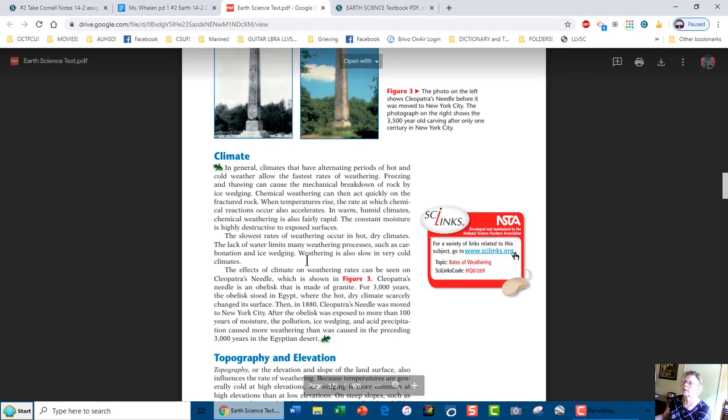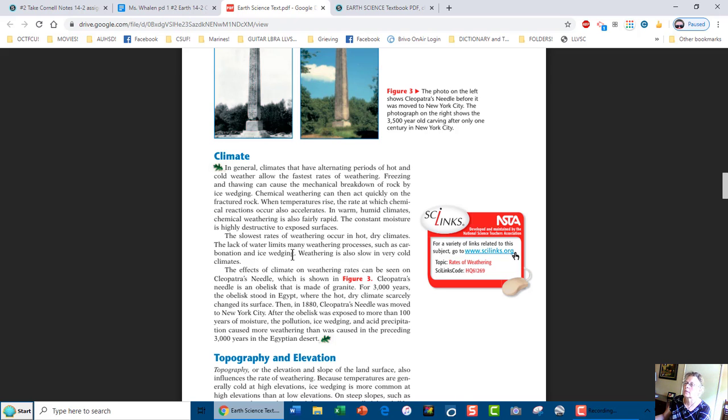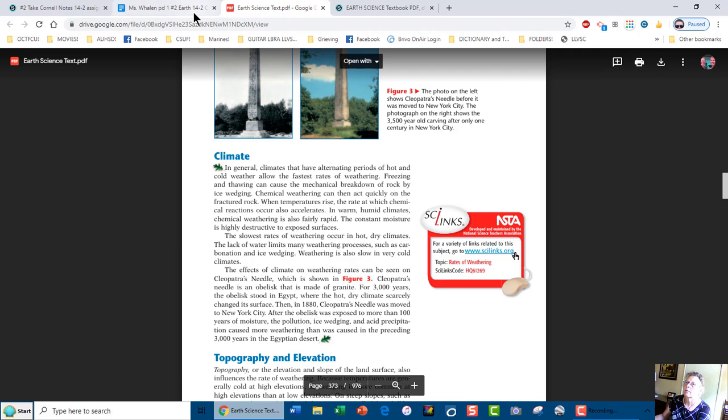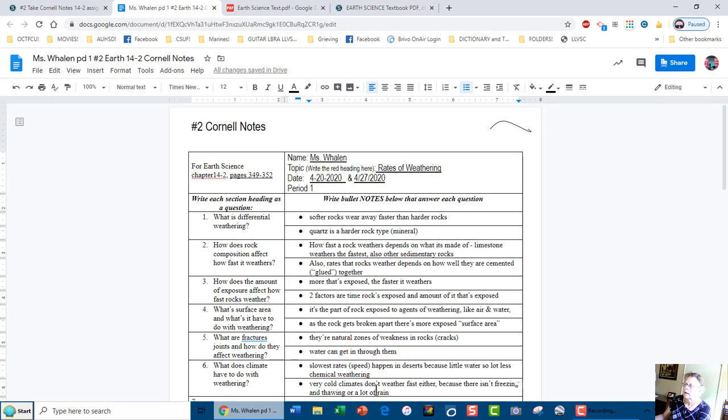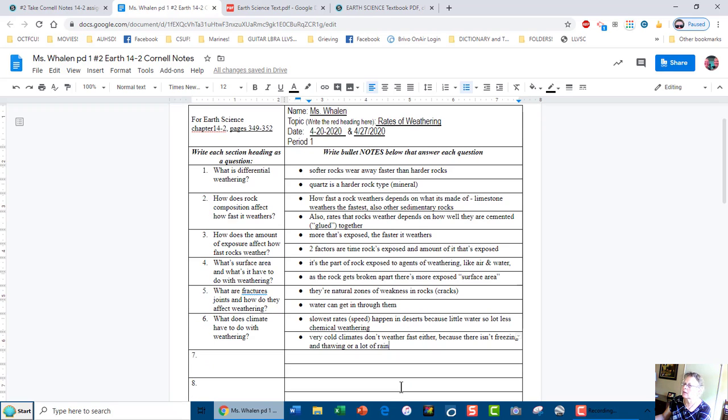Okay, so you took a few minutes to read this, and if you think about it a little bit, they're talking about it's slow in very cold climates, because there isn't a lot of water that thaws, ice thawing and freezing, and so there isn't a lot of rain, like Antarctica, Alaska, places that are super cold is what they're talking about.